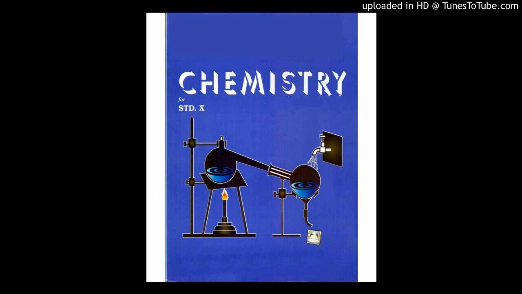Again according to Le-Chatelier's principle, when the reaction is proceeding with a decrease in volume, what will happen? The more we increase the pressure, the more the reaction will proceed towards the product side.